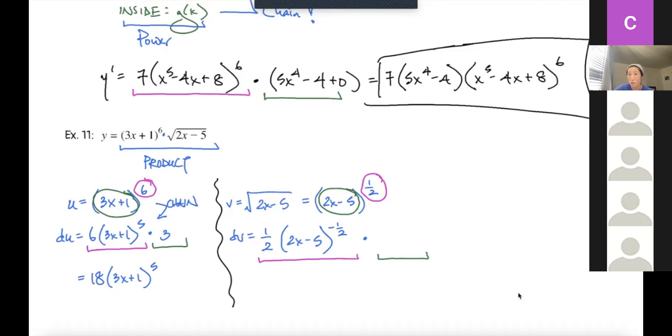The derivative of 2x minus 5 is 2. Okay, before we simplify anything here, how are we feeling with that? Chain rule just to find dv. Does that make sense, now that we're viewing it as two separate problems?